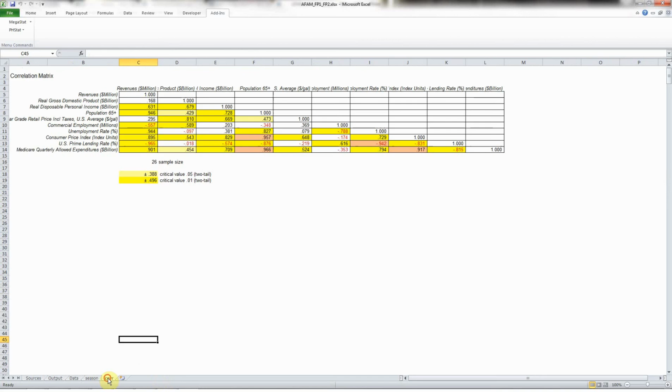So let's go look at the correlation for gasoline. Where is gasoline? Here it is, retail price gasoline. And it really isn't highly correlated with anything. So it's not correlated with revenues, so it's not going to really contribute much. But it's also not terribly correlated with the things that we have in our model.